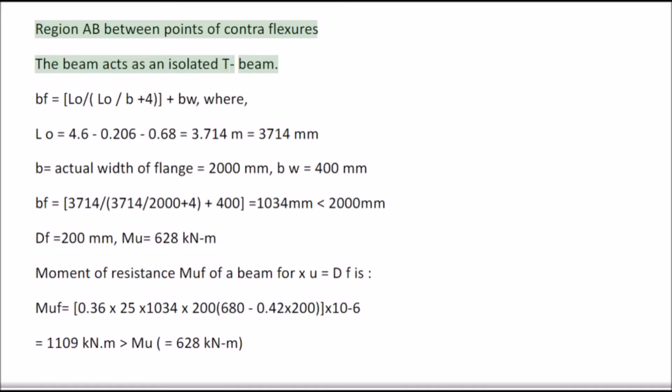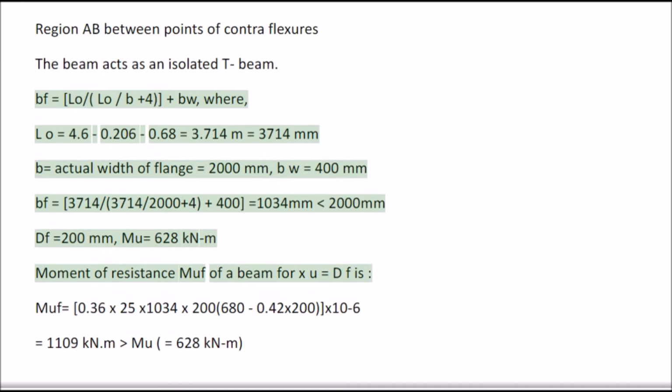Region between points of contraflexure. The beam acts as an isolated T-beam. Bf equals Lo/6 plus bw, where Lo equals 4.6 minus 0.206 x 0.68 equals 3.714 m equals 3714 millimeters.